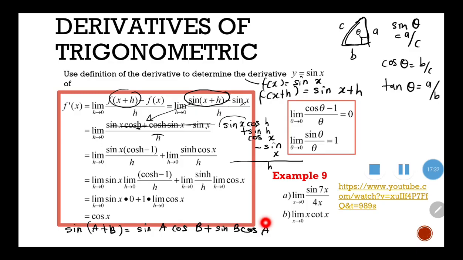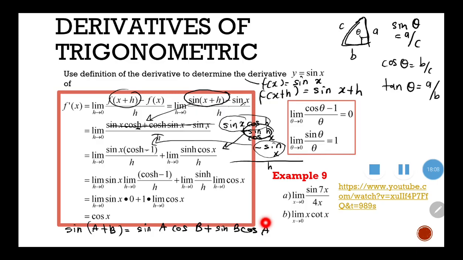So sin x here, and here we've got sin x, and then we will get it like this: sin x multiplied by (cos h minus 1) over h, and then the limit as h approaches 0 for this part here, sin h cos x over h.